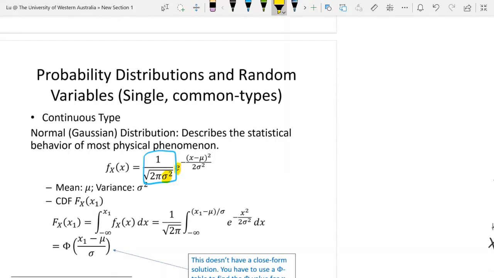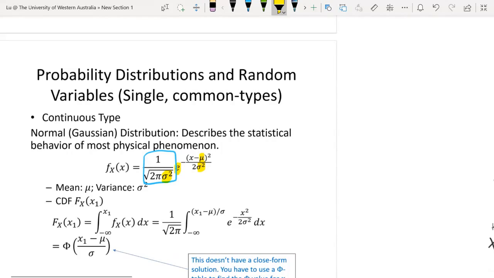In the meantime, the power of the exponential function is also related to the variance of this random variable. In addition, this mu here is actually the mean value of the random variable X. Okay, if you see a pattern of the PDF of a random variable like this, this is a normal distribution random variable.